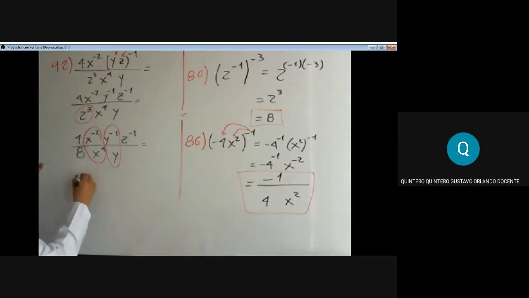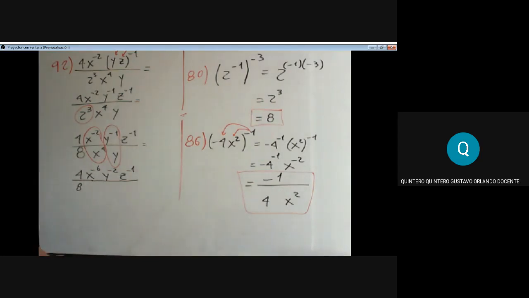The answer, 4/8, and we're gonna leave the base and subtract the exponents. -2 minus 4 will be -6. Same with this one. Leave the base and subtract the exponents. -1 minus 1 will be -2. This one, I didn't do anything to the z, so I'm just going to write it right there to the -1. Beautiful, isn't it?